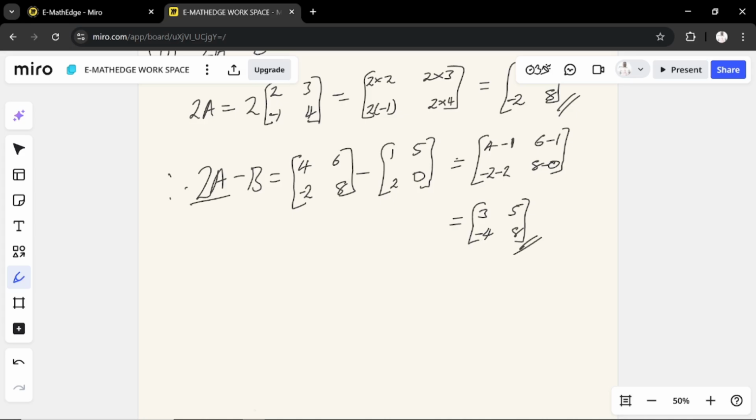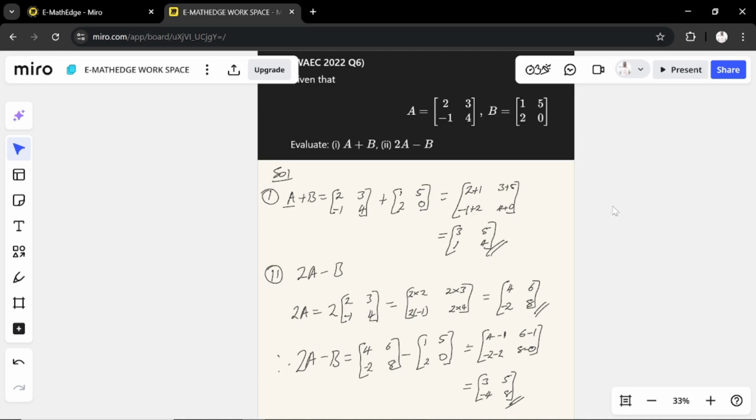So 2A minus matrix B is going to give us this 2 by 2 matrix with the elements 3, 1, minus 4, and positive 8. So with this, we've succeeded in evaluating matrix A plus B and also 2A minus B.